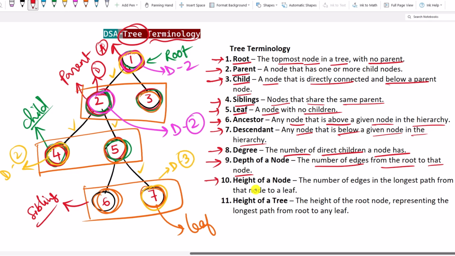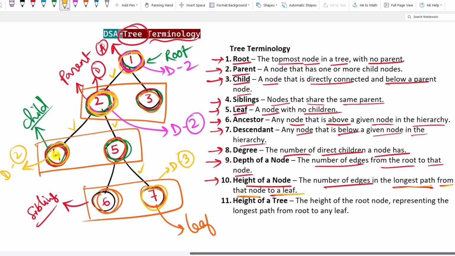And next we have the height of a node. So height is the number of edges in the longest path from that node to a leaf node. Suppose you are looking for the height of this node 2. That means we have to find the longest path from that node to the leaf node. So from this node 2, we can reach the leaf node 4 and also we can reach the leaf node 7.